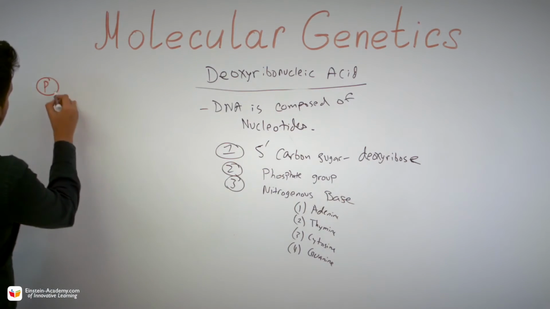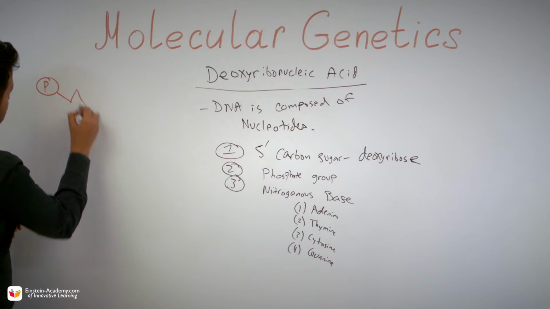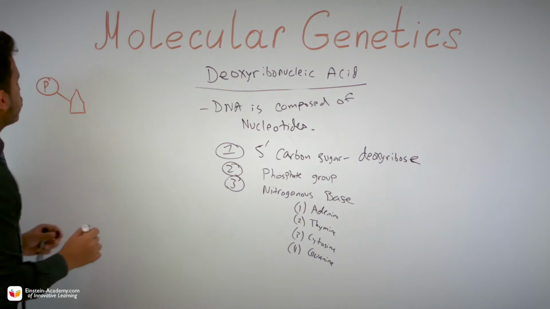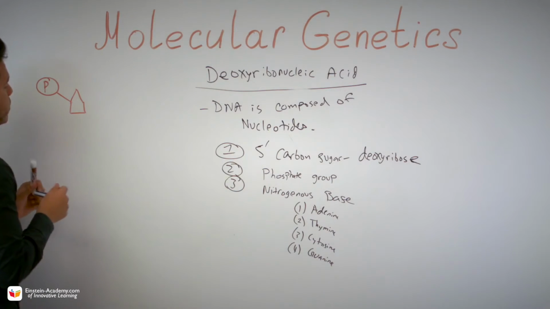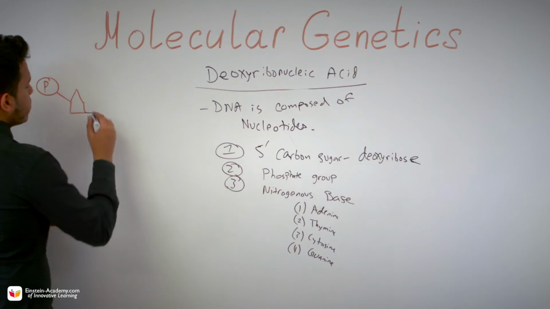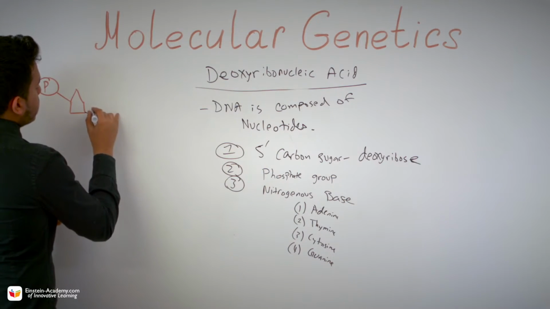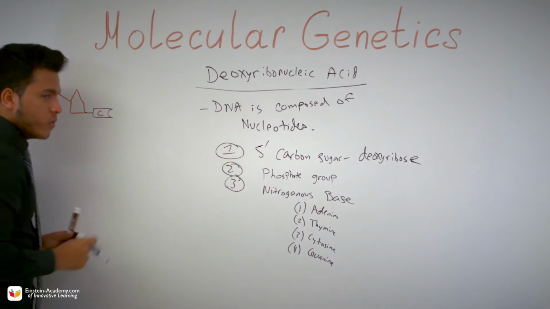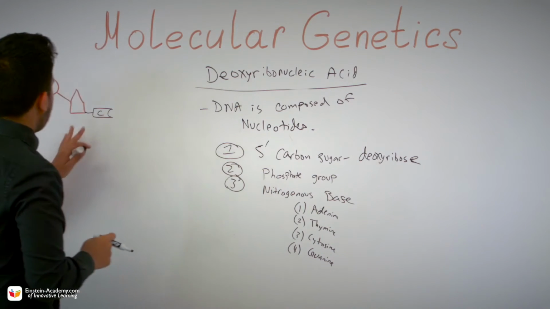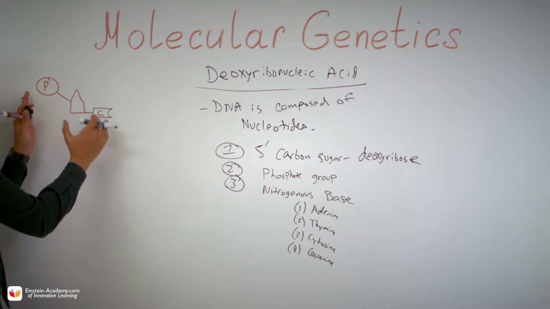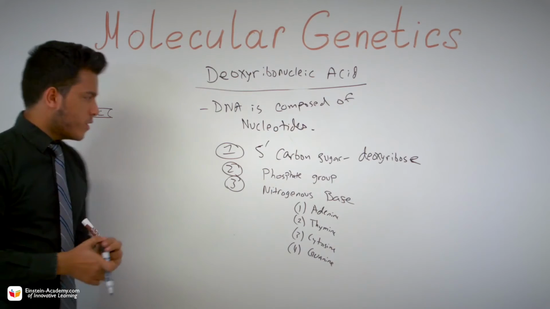I'm going to label this as my 5' strand. So I have my phosphate group right here, my 5-carbon sugar right here, and attached to it is a nitrogenous base. You can pick any base in this case. We're just going to pretend it's the base C, cytosine. Here is a nucleotide: a phosphate group, 5-carbon sugar, and a nitrogenous base.